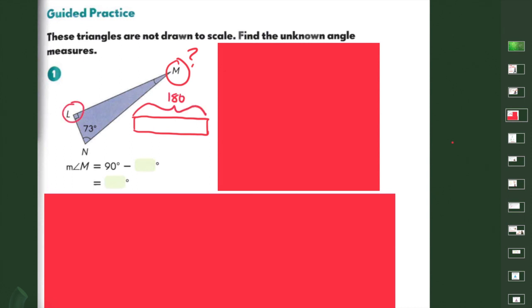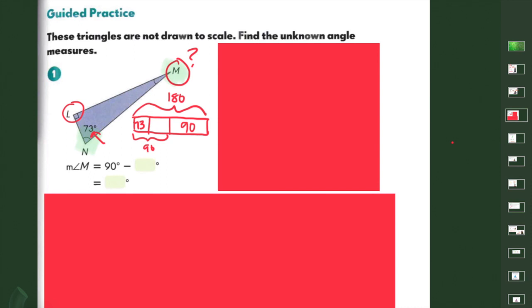We have a right triangle, so we know that one of the angle measures is 90. The other two acute angle measures must have a combined sum of 90 degrees, and that way all three angles will equal 180 degrees. We're given one of the angles, which is 73.